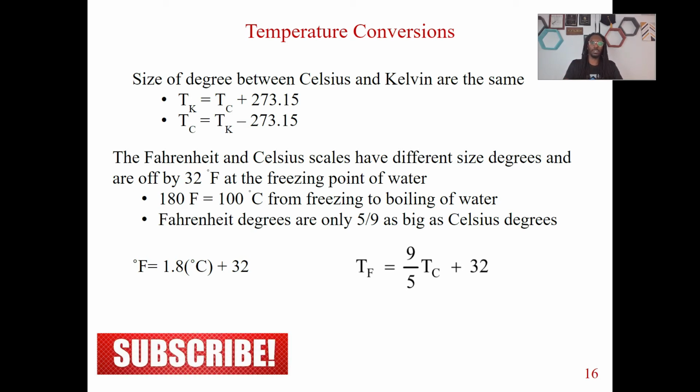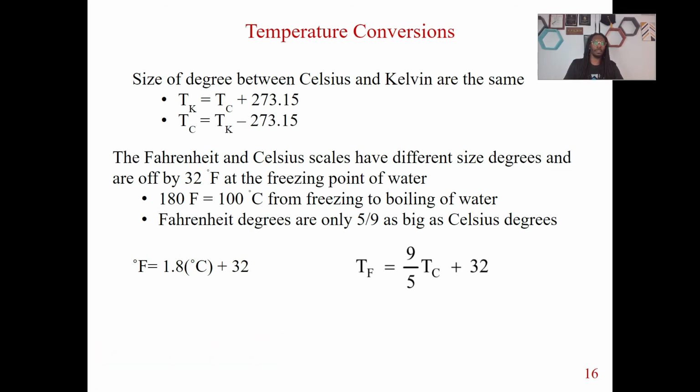Simple as that. Think about it with Kelvin, you're going to add 273, big numbers, big K. For Celsius, you're going to subtract 273. Fahrenheit has a different size of degree, and we understand that they're off by 32 degrees Fahrenheit at the freezing point.